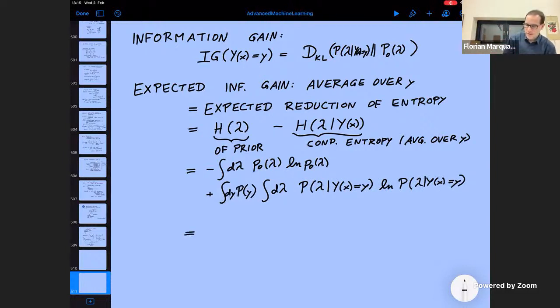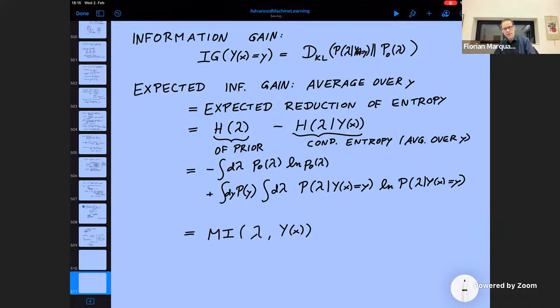And another way to express these things is to say, oh, this is the mutual information, actually, the mutual information between two random variables, one of which is my model parameters, and the other is the outcome of the measurement. And so, not surprisingly, you want to choose your x such that the mutual information between the model parameters that we want to figure out and the measurement outcome y is maximized, because then they have something to do with each other.